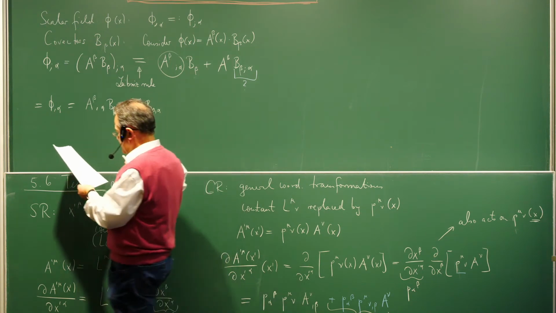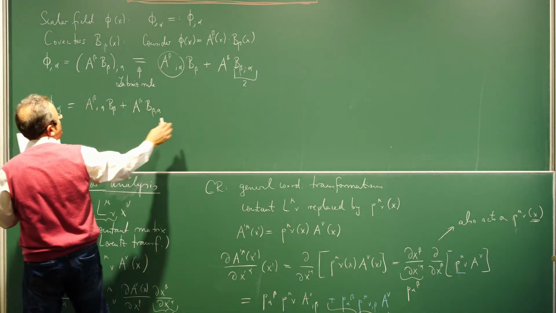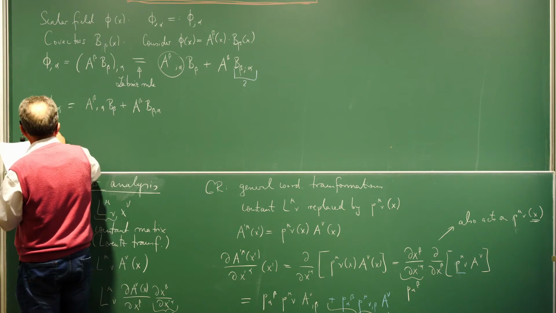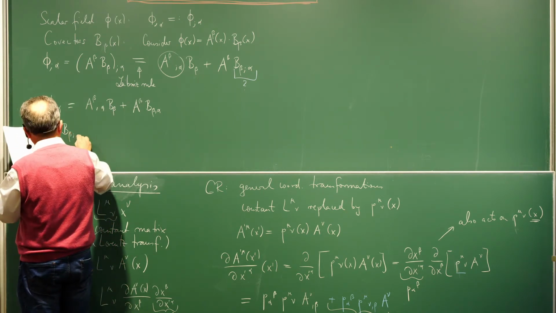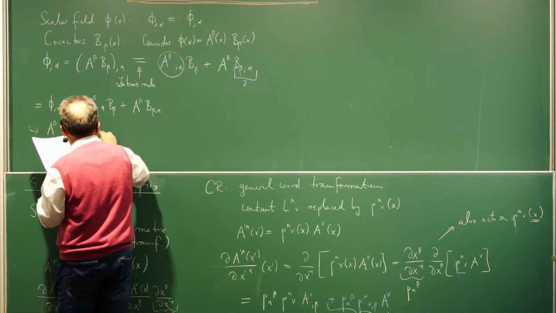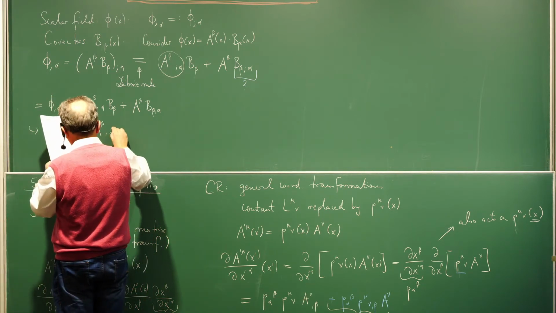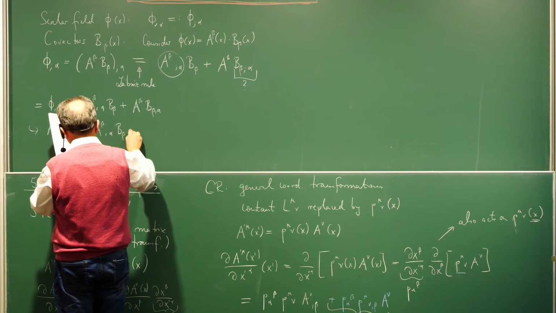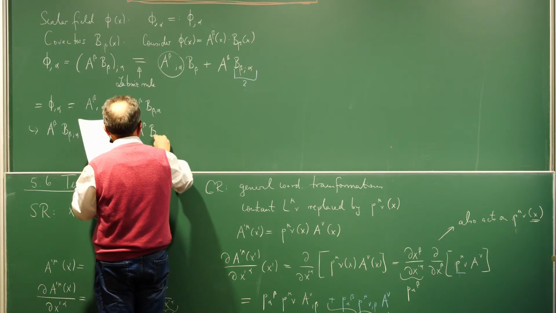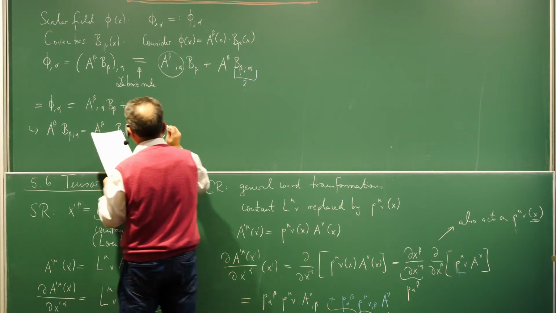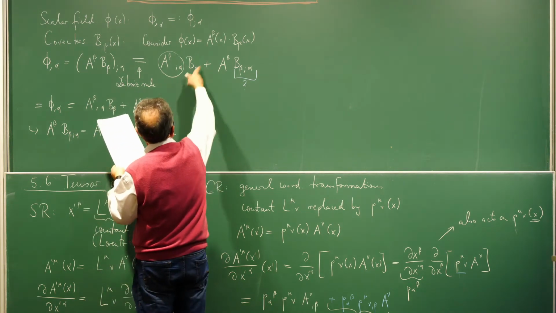So we get then from this that this last term, a beta b beta semicolon alpha, is a beta comma alpha b beta plus a beta b beta comma alpha. This is just this here, and then minus this term.